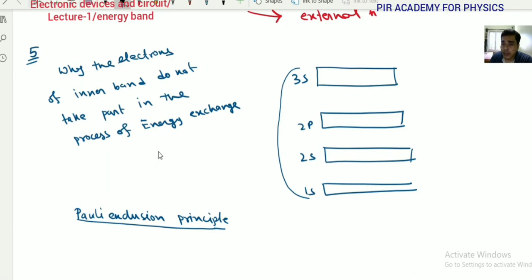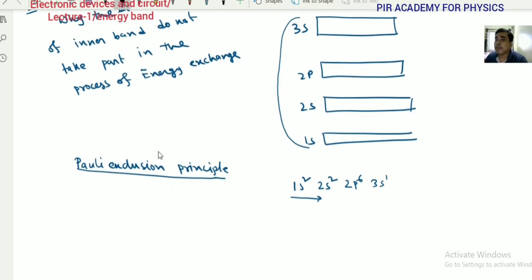First the 1s energy level will be filled, then 2s, then 2p, then 3s. So in this way electrons are accommodated by the energy levels, okay.